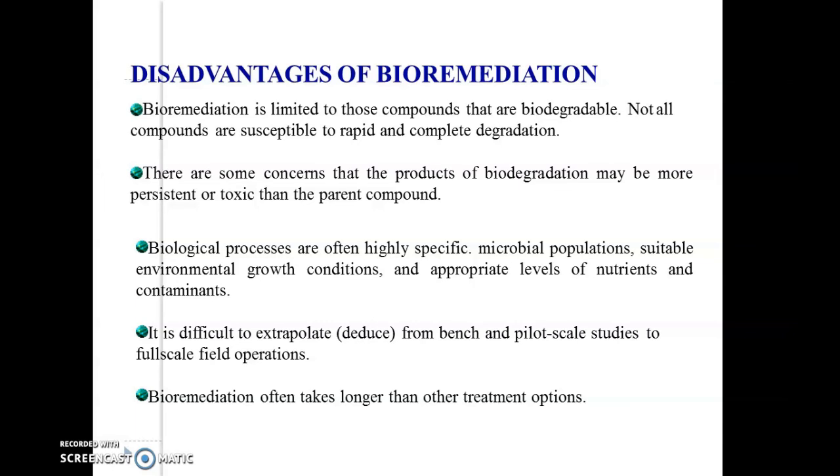It is difficult to extrapolate from bench and pilot scale studies to full scale field operations. So when we are doing it in a bench study or a small scale study, it cannot be applicable to full large scale studies.